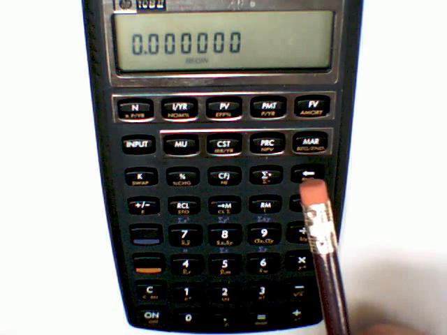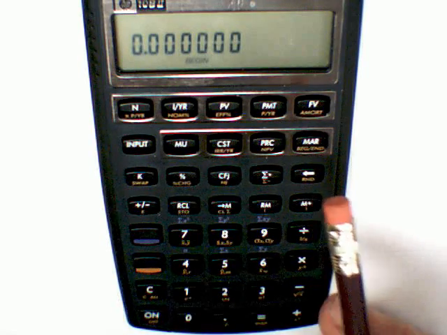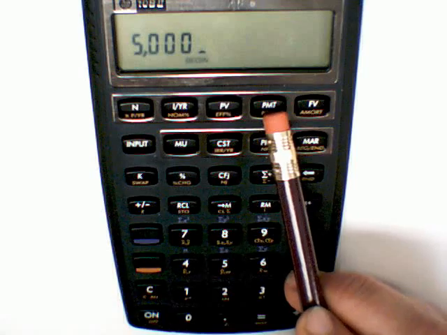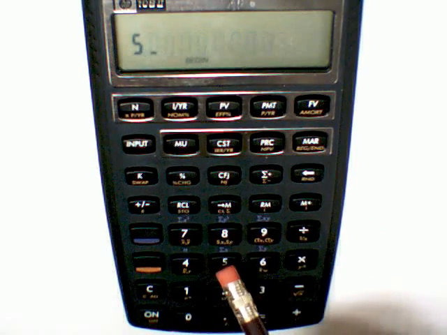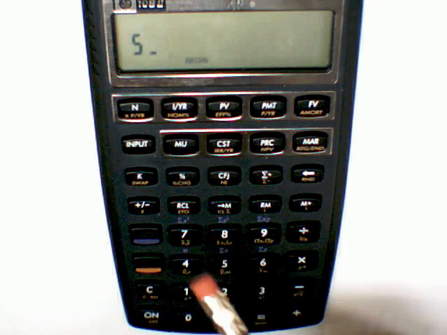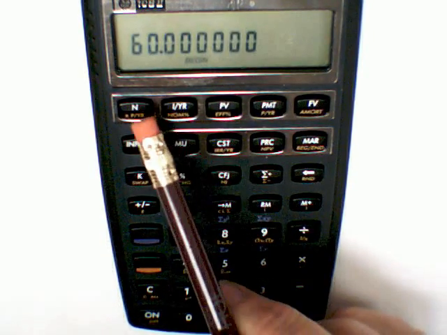Let's do a begin problem. Let's say that you have an annuity due, which means you have a payment at the beginning of a period. And let's say you have a $500 payment at the beginning of every period for 5 years. So let's do 5 years. So we want to do 5 times 12 equals 60 months.